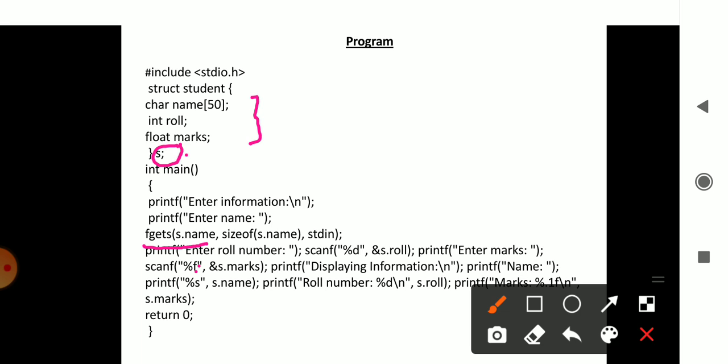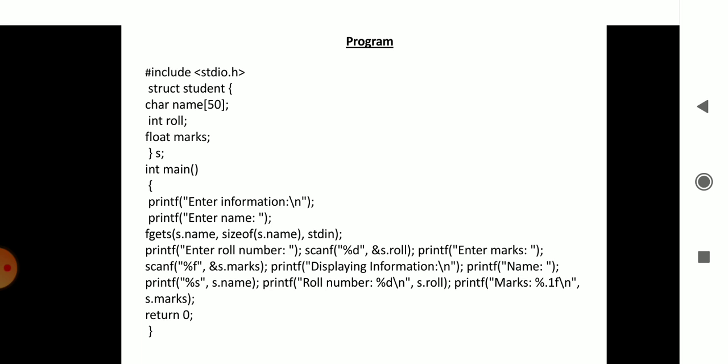So s dot name comma size of s dot name comma stdin, that is the way we accept the string as input to the member structure element.